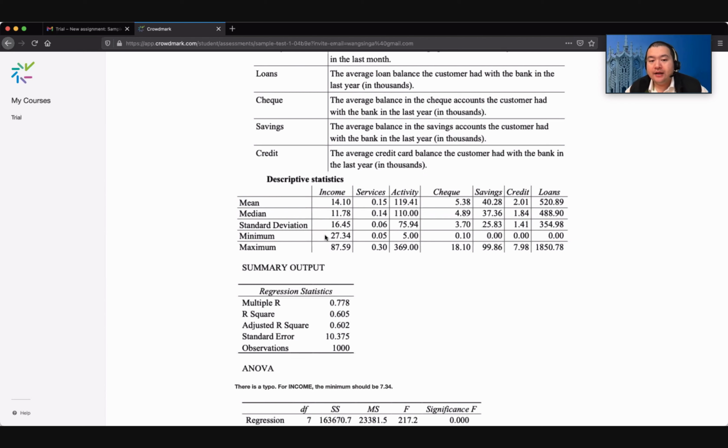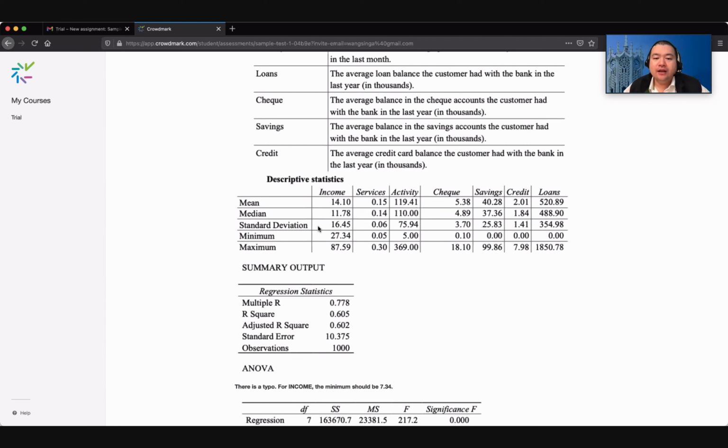Okay, and the standard deviation. This is always a hard question, right? Standard deviation shows how the data is deviated from the average, right? This is the original definition, but also it shows if you randomly pick up two guys, what is the average difference between their income, right?